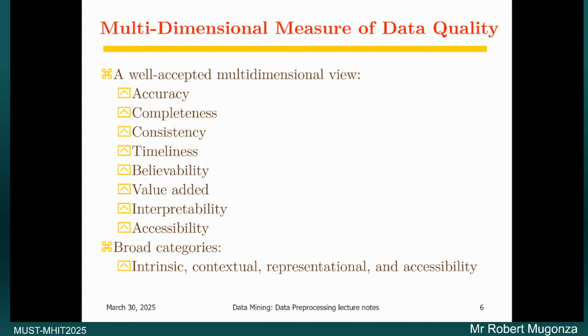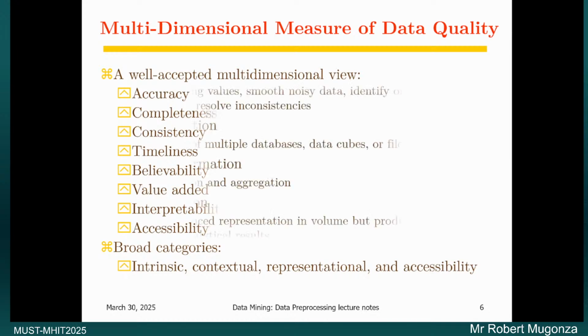It's not interpretable. And so, what we saw previously in the eight measures for data quality, accessibility still stands. Okay, so broadly, those particular four also can be utilized to describe the multi-dimensional view of data quality.